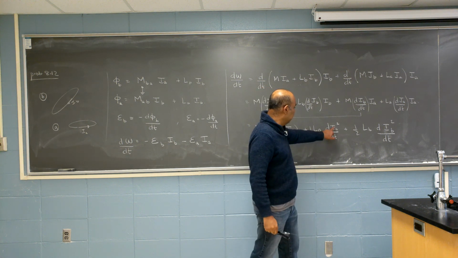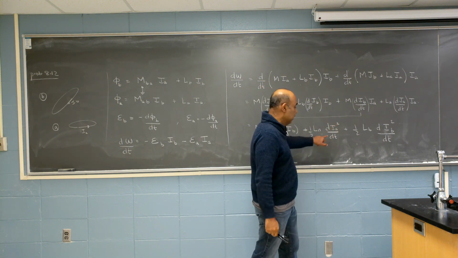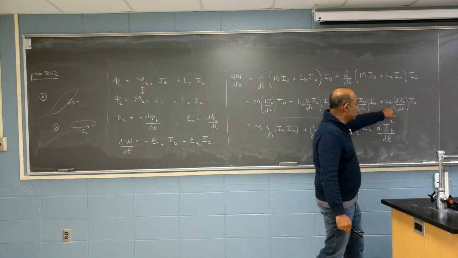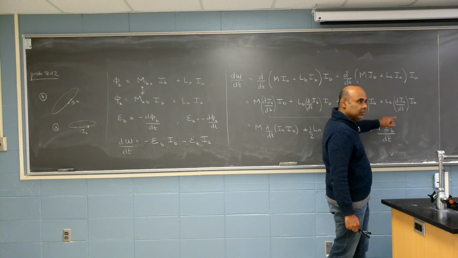If I take the derivative, I get 2, which cancels this, I_A times the derivative of I_A. And that's that.